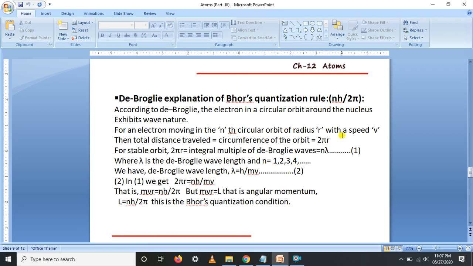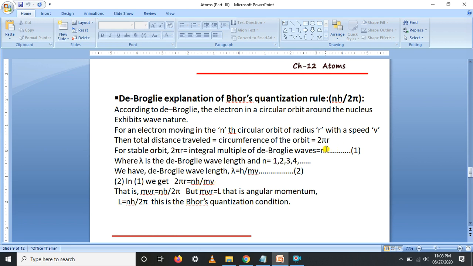Putting 2 in 1, we will get 2πr is equal to nh divided by mv, where n is any number 1, 2, 3 and so on, and λ is the de Broglie wavelength.